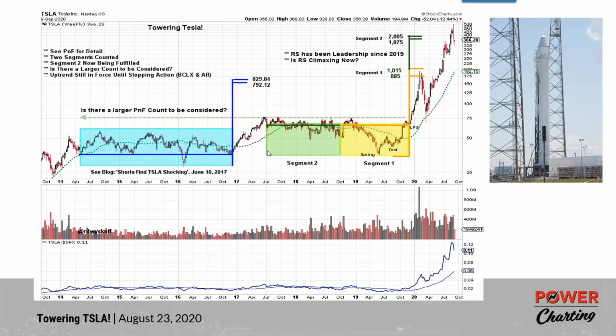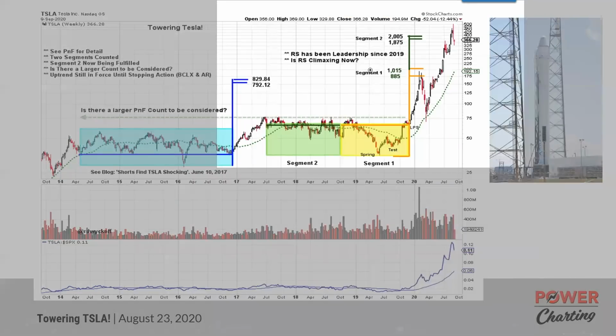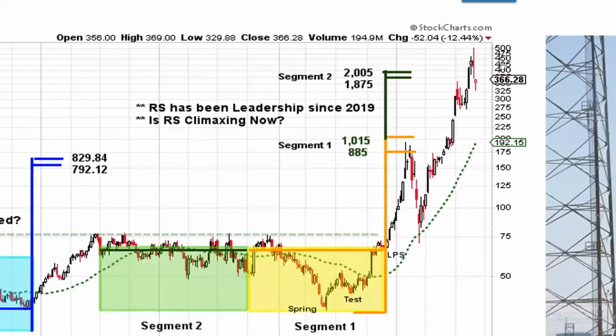This count goes all the way back into the middle of 2017, and it counted up to the extreme count of 1875 to 2005. There's been a 5-for-1 stock split in Tesla, so the price has been adjusted. So let's zoom in here, and you can see that the updated chart has the adjustments of the price.